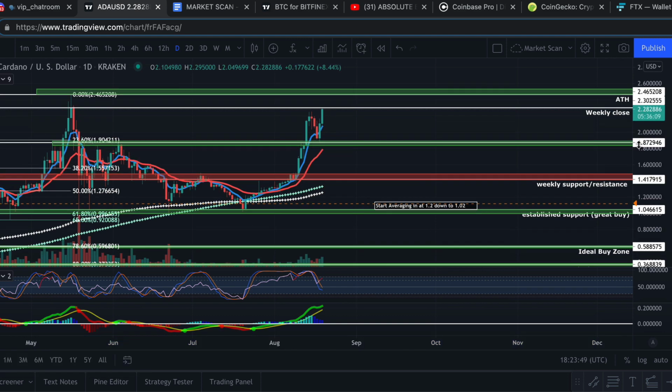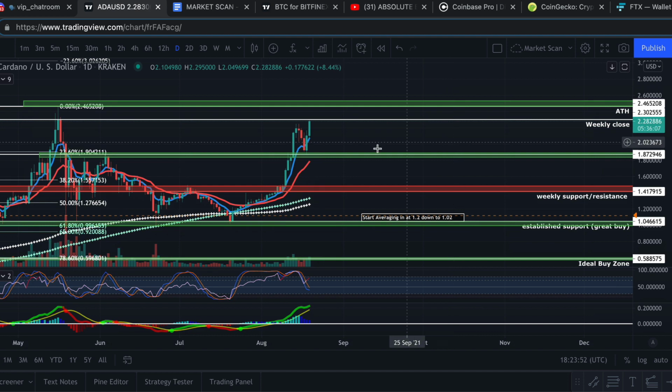Although we didn't really get filled that much, because it decided to pump literally like 0.001 cent below where we put it. And now it's all the way up here. I can't really justify buying.